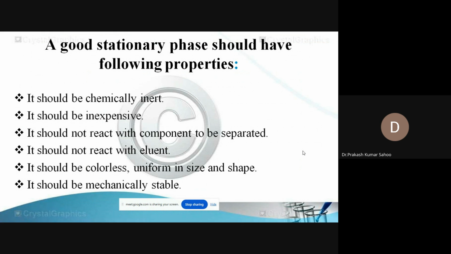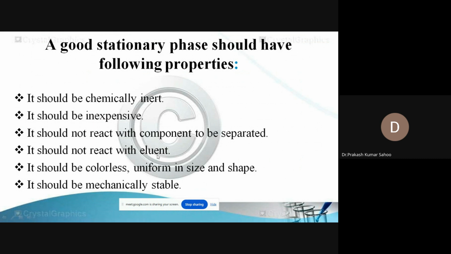A good stationary phase should have the following properties. It should be chemically inert, number one. It should be inexpensive. It should not react with the component to be separated.